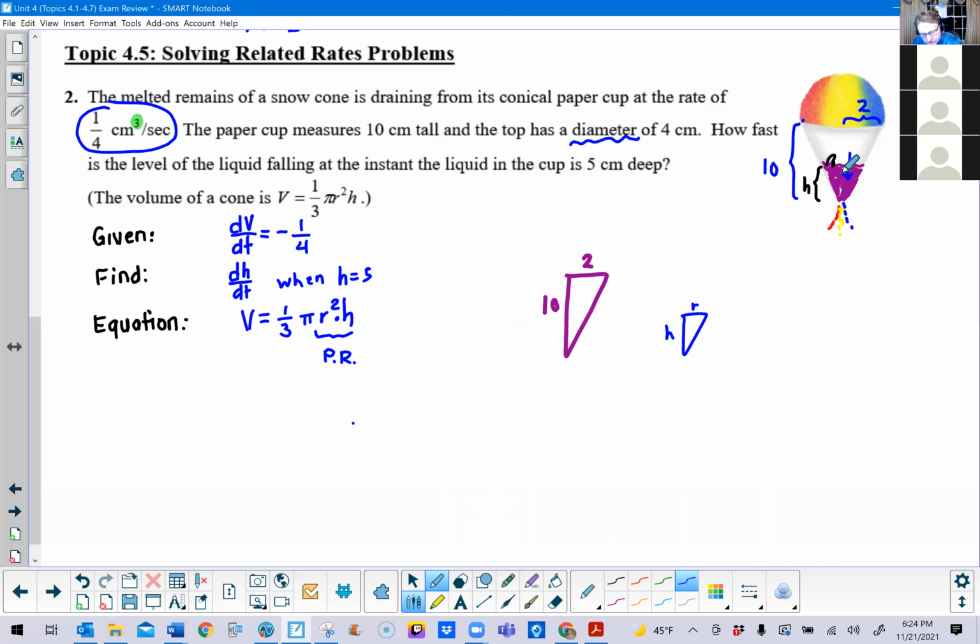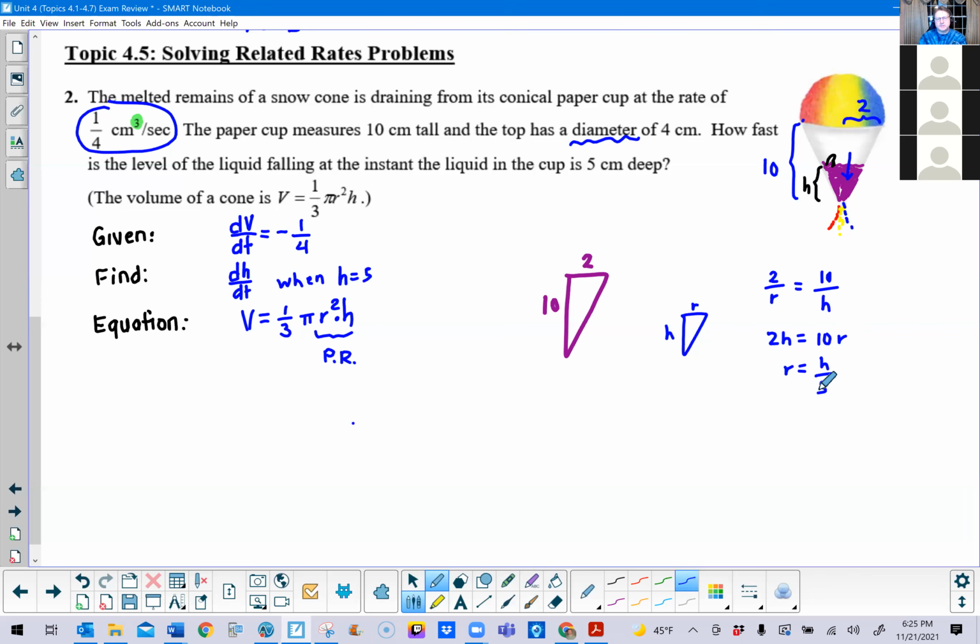And so now I can use any one of your proportion arrangements. You could say radius over radius equals height over height if you want. And then if you cross multiply, 2h equals 10r, or in this problem, r is going to be h over 5. Now, why did I solve for r? That's a good question.